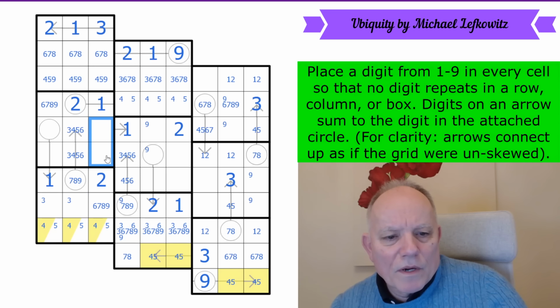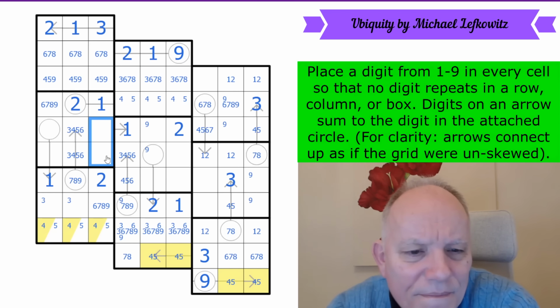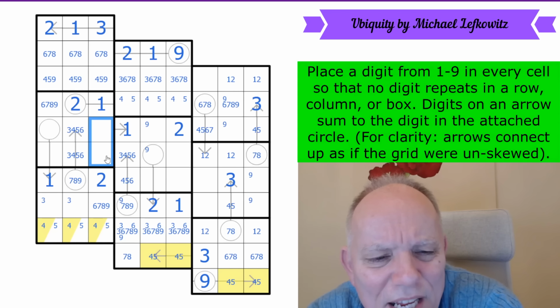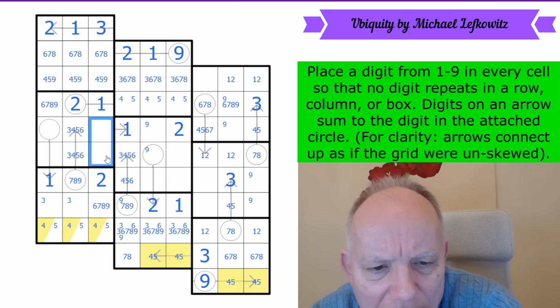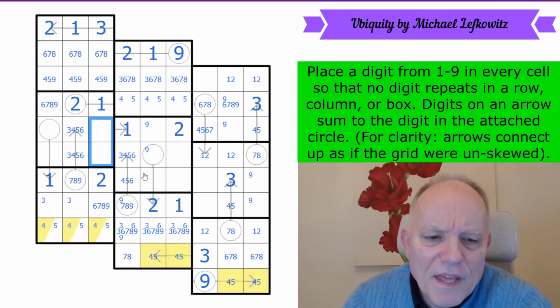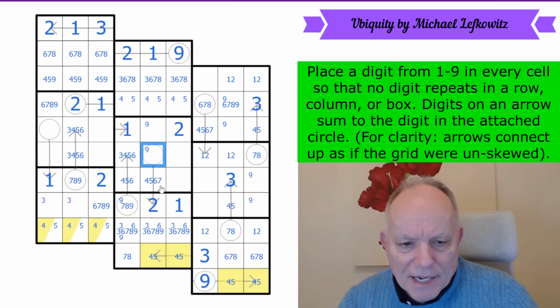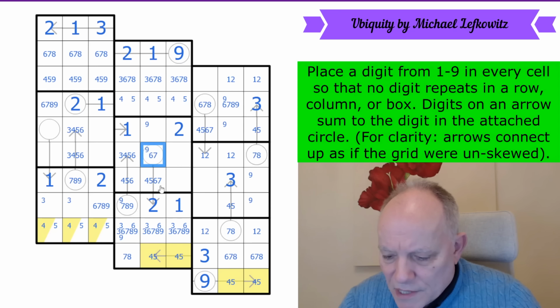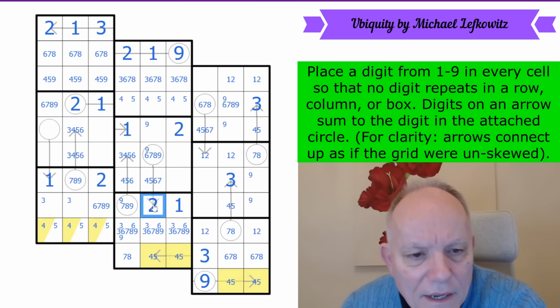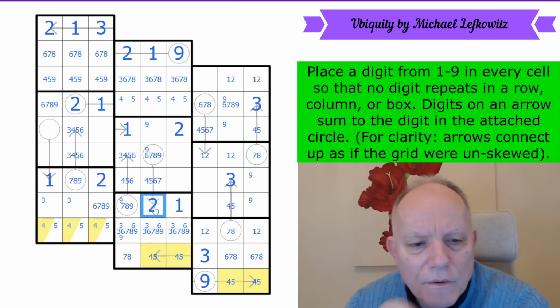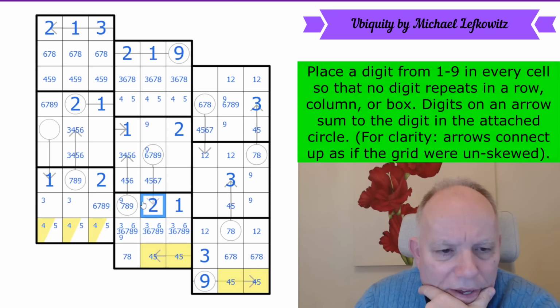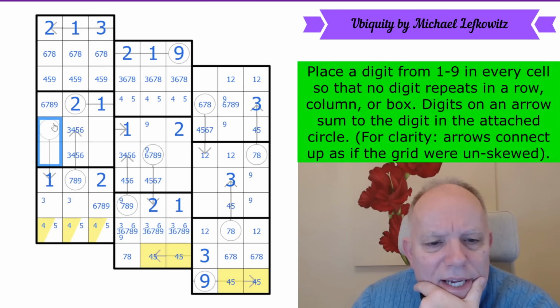These can't be from 1, 2, 3. Is it 3s next? Should I be focusing on 3s? This digit is 4, 5, 6, or 7, leading to a total in the circle of 6, 7, 8, or 9. Because we know about this 2 on the arrow. I hadn't really thought about that. Oh, and these 2 are going to be consecutive.